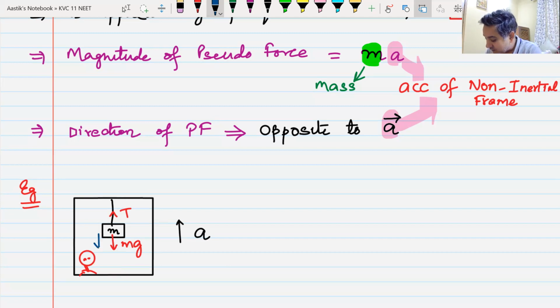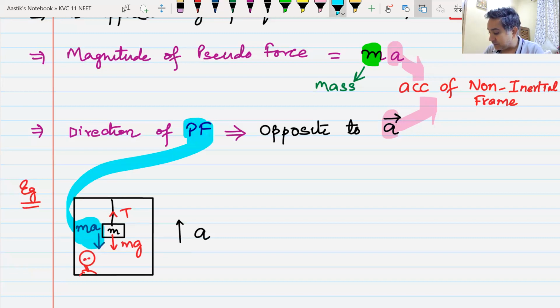So I will have to apply this downwards. What will be the magnitude of this pseudo force? Mass of the body multiplied by acceleration. So this blue arrow is your pseudo force. And it needs to be applied just because I am making the equations from a non-inertial frame. Do we understand this?